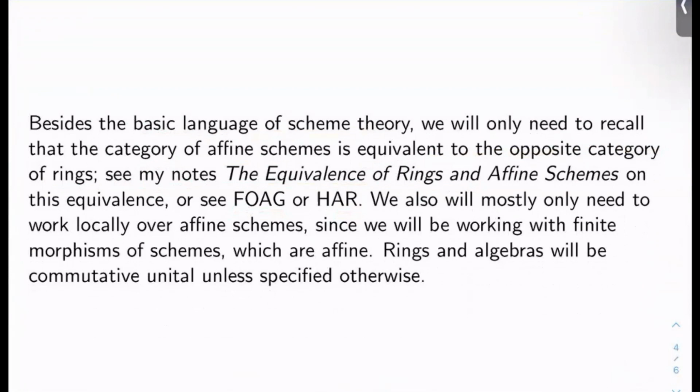We will also mostly only need to be working locally, so over affine schemes, which makes things a little bit easier. That's because we're going to be working with finite morphisms of schemes, which are affine: preimages of affine schemes under finite morphisms are affine. So that means we can work locally like this, and that'll make things a little bit easier to stomach. Rings and algebras throughout this chapter will be commutative unital unless specified otherwise.